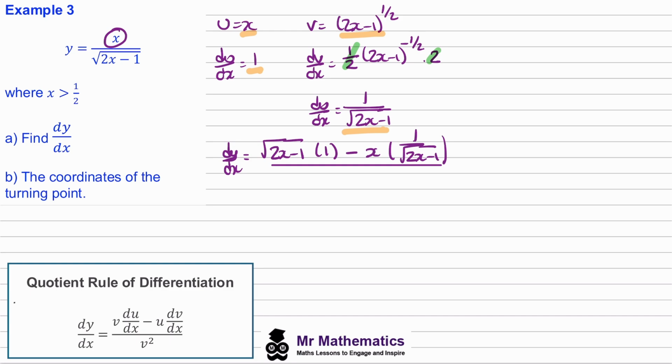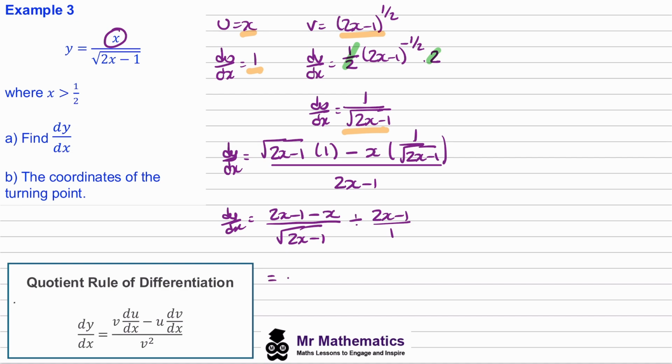And when I square this v, the square and the square root will cancel, so we've got 2x minus 1. We can tidy this up with a common denominator, so we get dy by dx will be 2x minus 1 minus x over that common denominator of root 2x minus 1. And this is divided by the 2x minus 1.